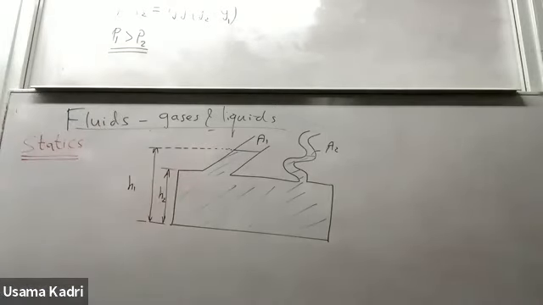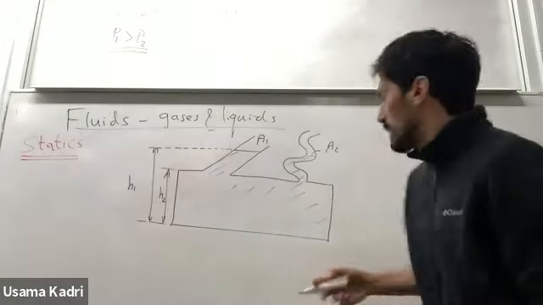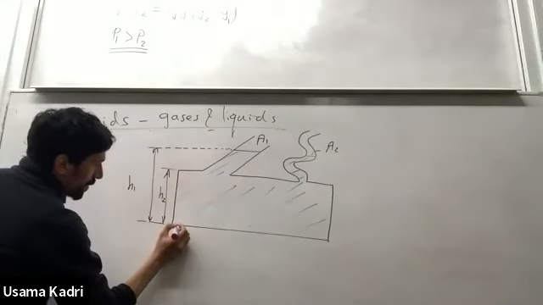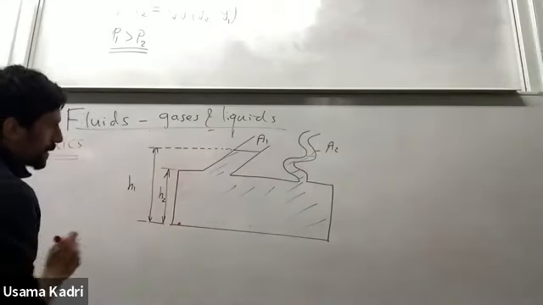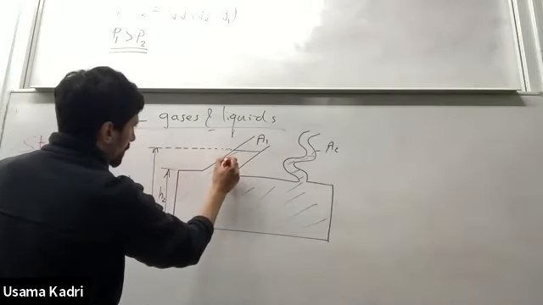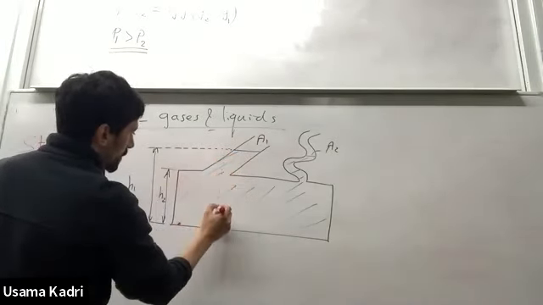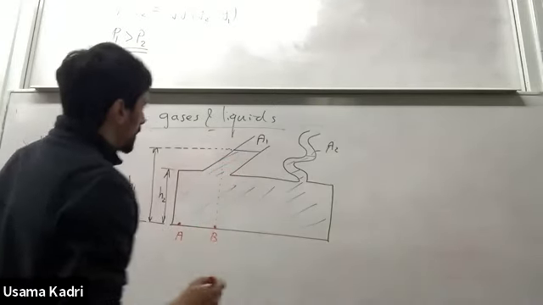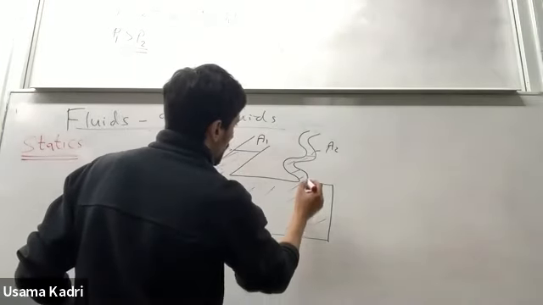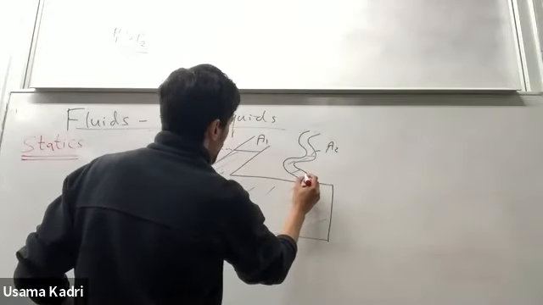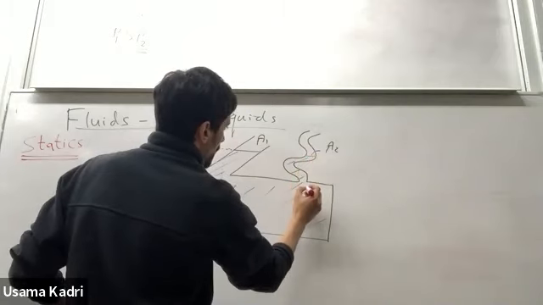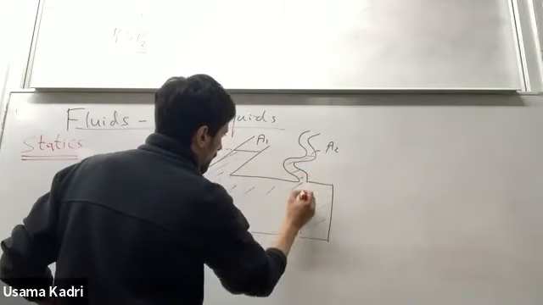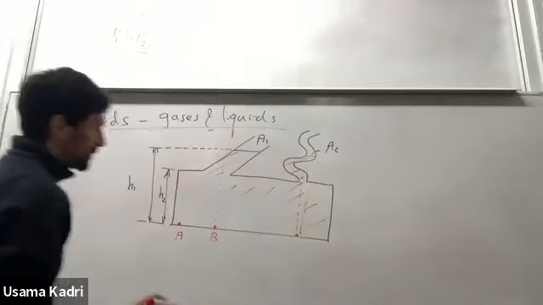And my question to you, and you can type your answer: if you had 3 points, 1 point at the bottom here, another point at the bottom here, let's call this A, and this is B, and the third point at the bottom here, C.